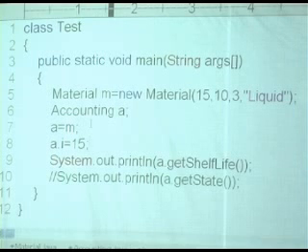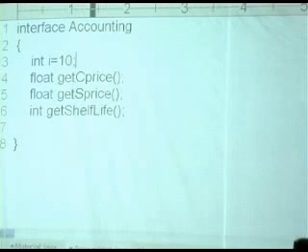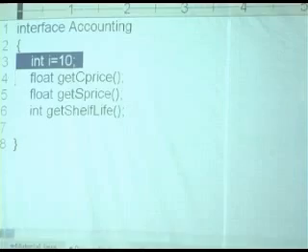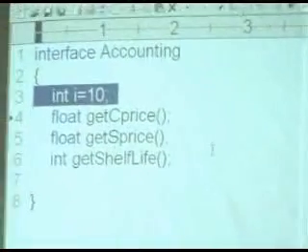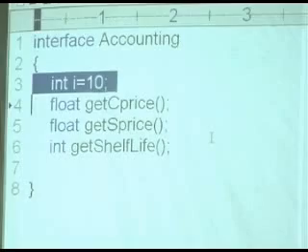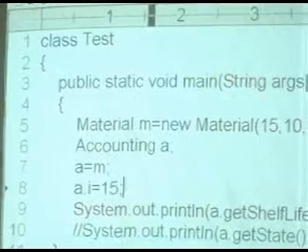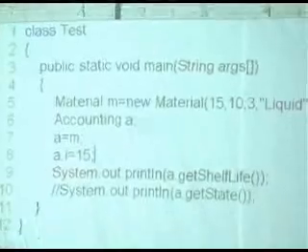Actually, you will soon understand the difference of the word variable. I'll go back to the accounting interface to emphasize what I have done. I have introduced an I in interface accounting, which is equal to 10, an integer. And then in my test program, I am accessing a.I equal to 15.